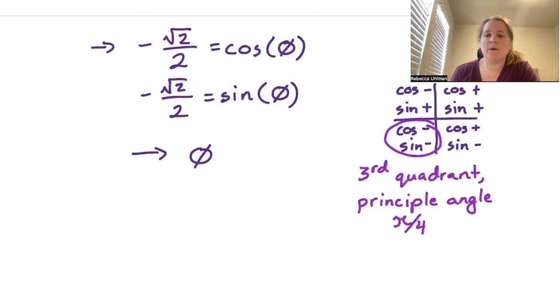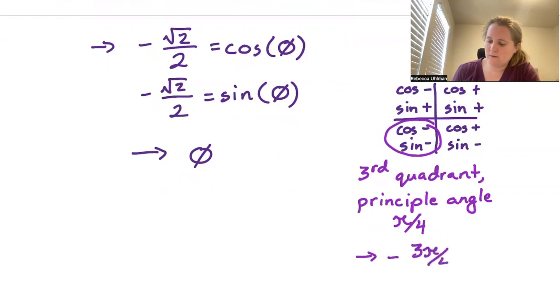And so we wind up with negative 3 pi over 4 as our phi.